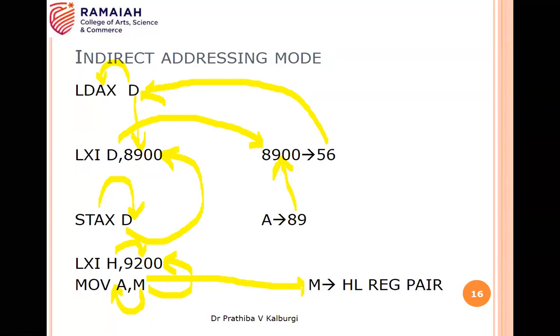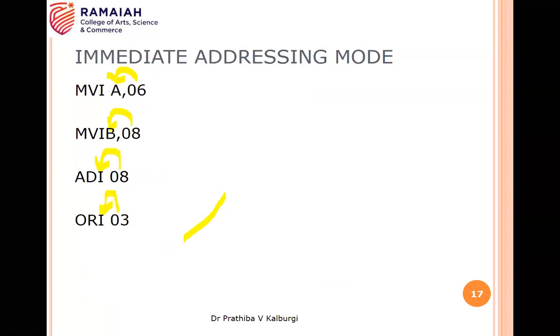Now coming to the next one, the immediate addressing mode. In this addressing mode, the operand is specified as 8-bit data. Here you immediately transfer the data into the respective registers specified.